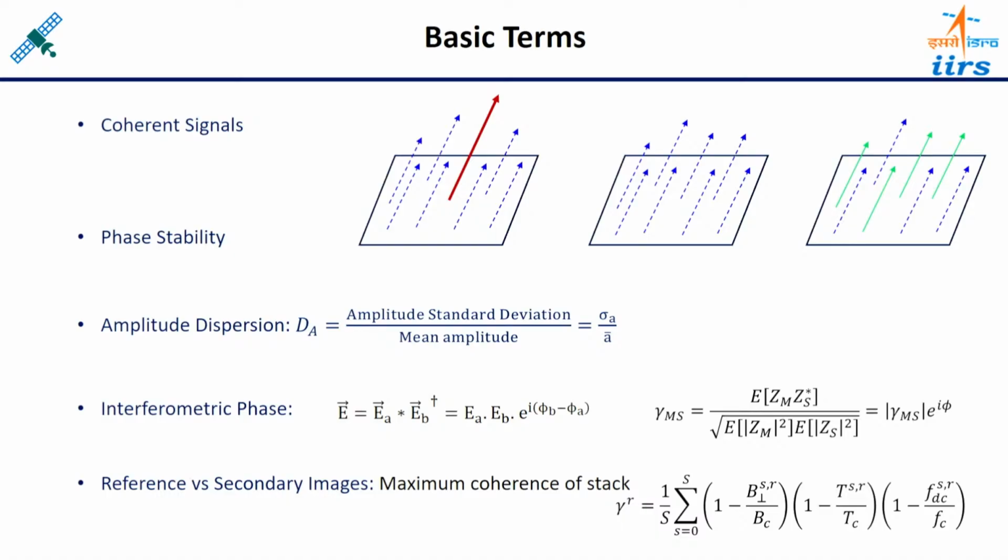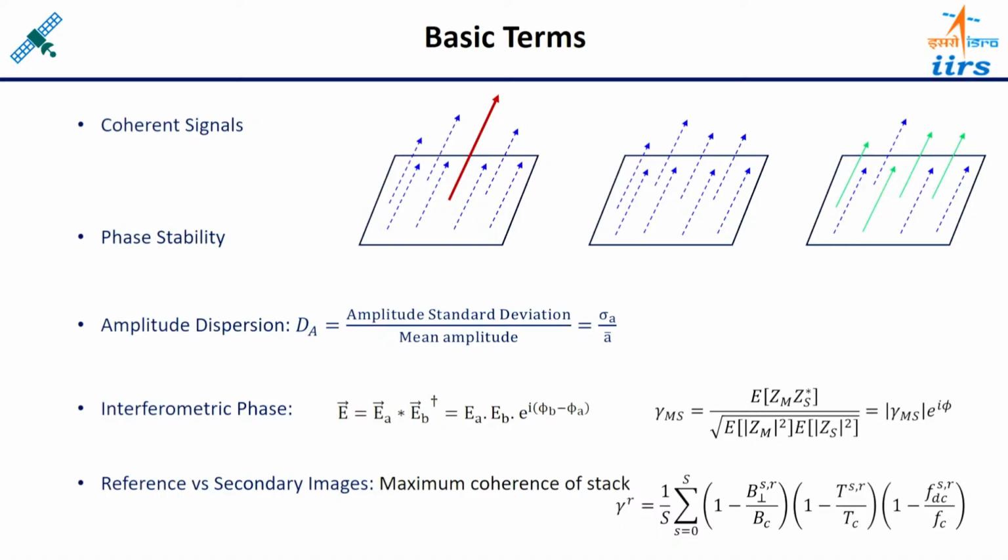The maximum size of the scene where we are getting correlated signals is called the critical Doppler frequency, and the actual one is less than the maximum size of the scene. Depending upon the strip map, ScanSAR or other acquisition modes, the actual scene size is much less than the critical value of the Doppler frequency.